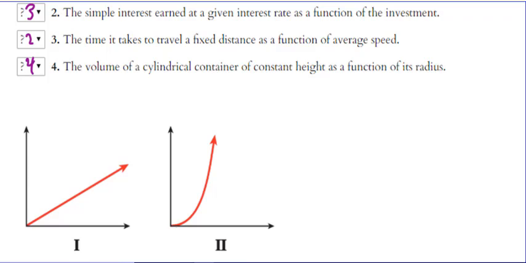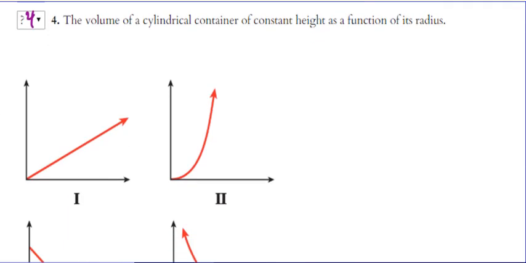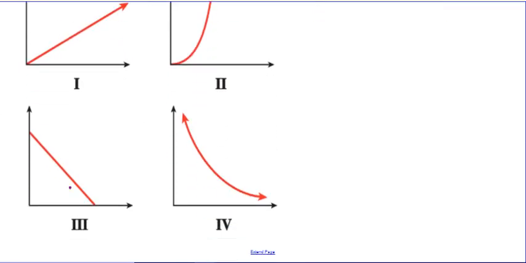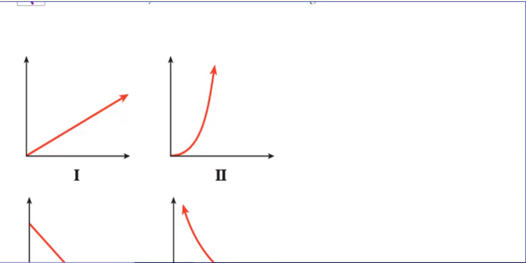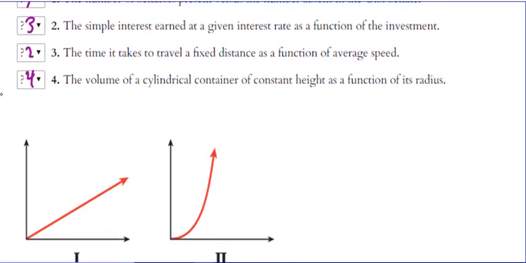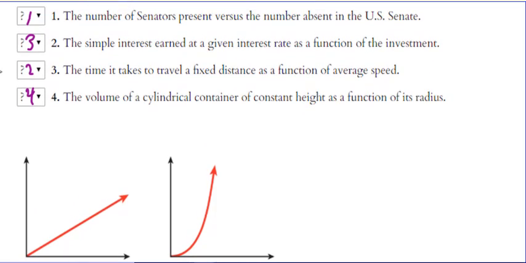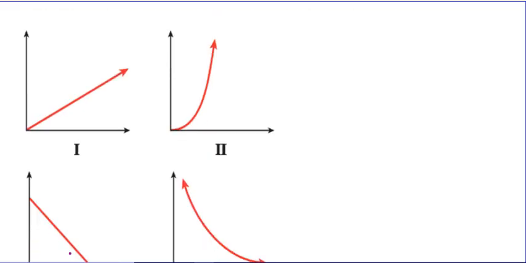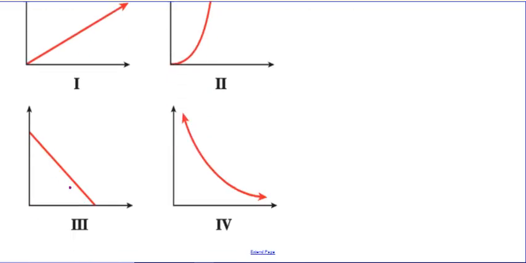The time it takes to travel a fixed distance would be 2, and then the volume would be 4. So I still may go back and scratch this one, but those are the answers.